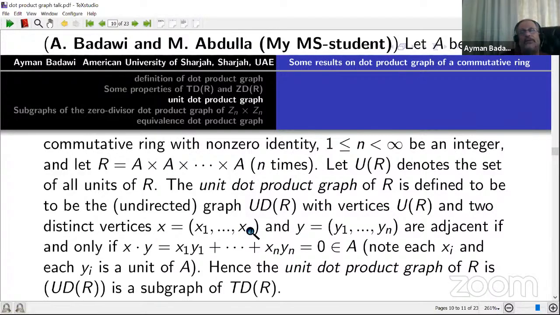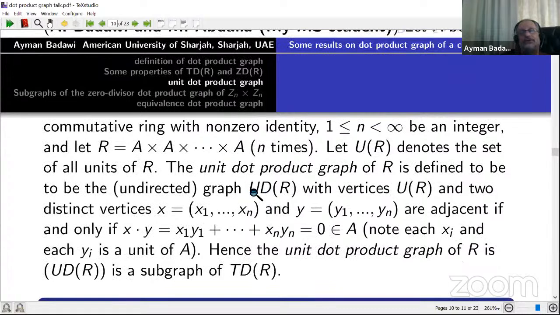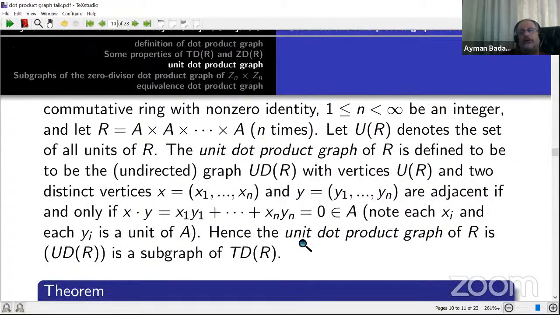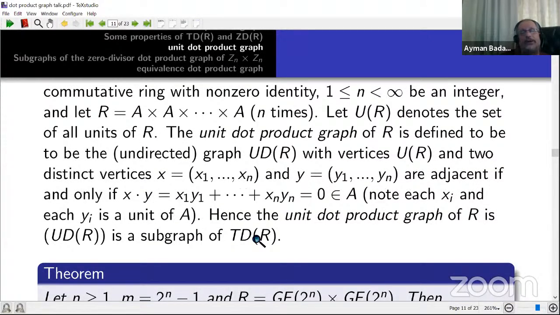We define the unit dot product, UDR, where two units are adjacent when their dot product is 0. So the unit dot product will be a subgraph of the total dot product.